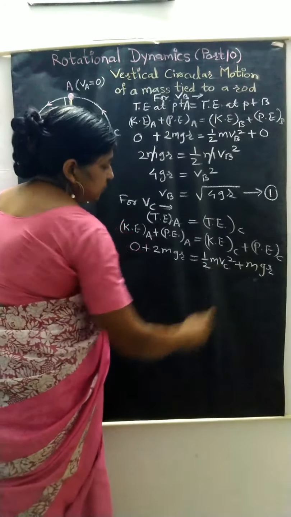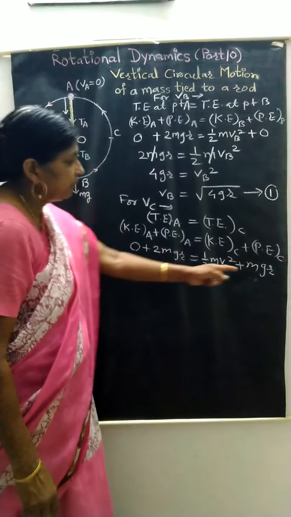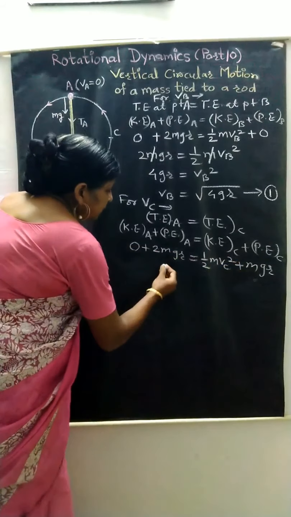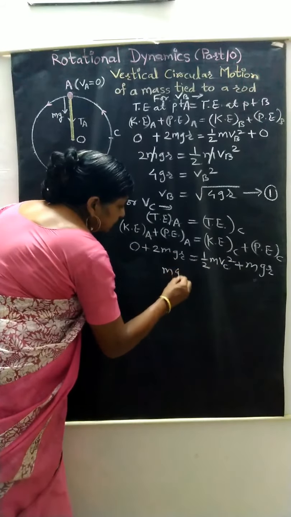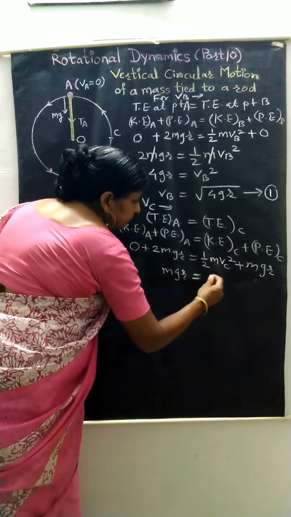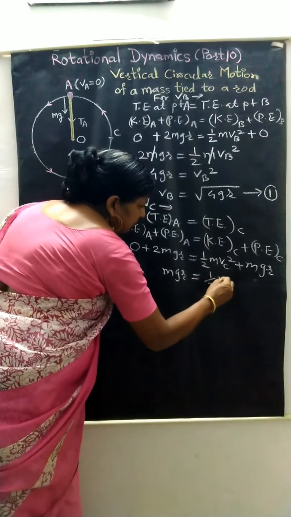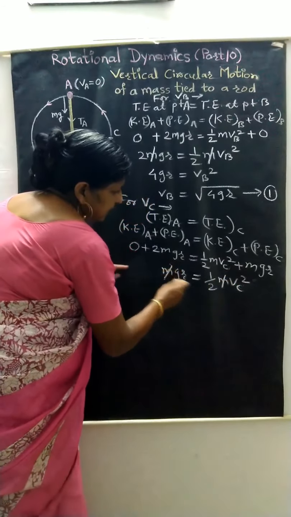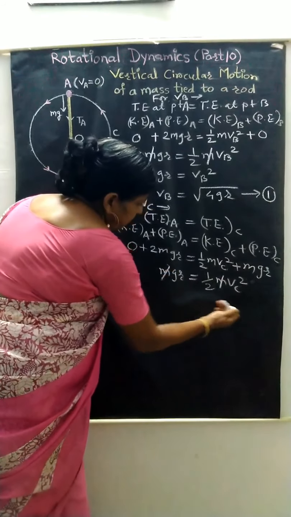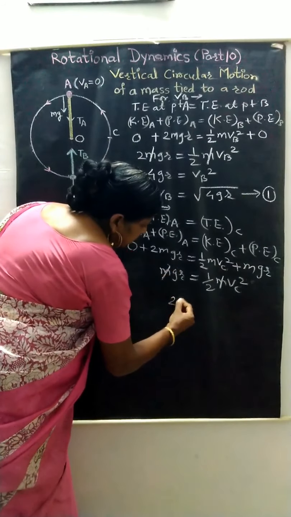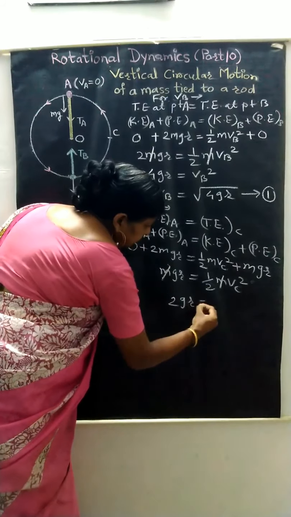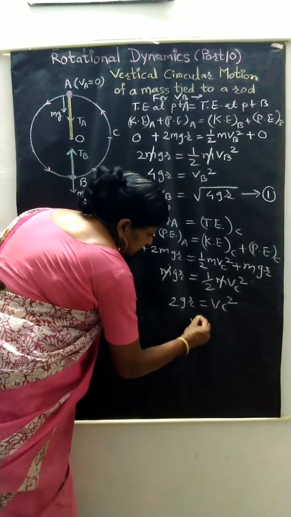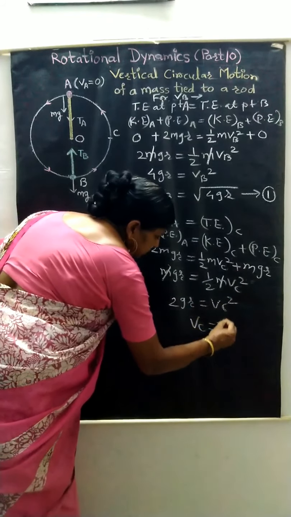Now, when this mgr is transferred to the other side, it will be minus mgr. So, 2mgr minus mgr will give us mgr is equal to half m Vc square. Now m cancels with m, hence we obtain the equation 2gr is equal to Vc square. Therefore, Vc is equal to under root 2gr.